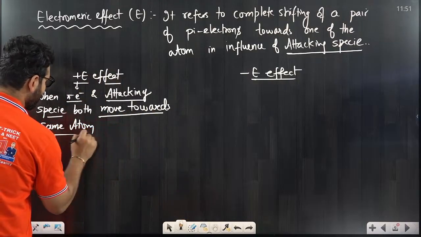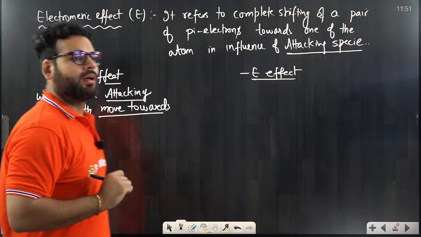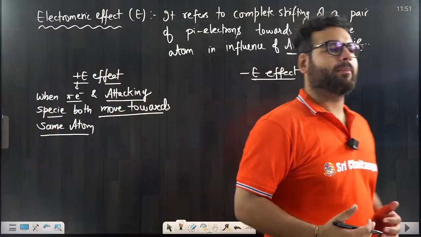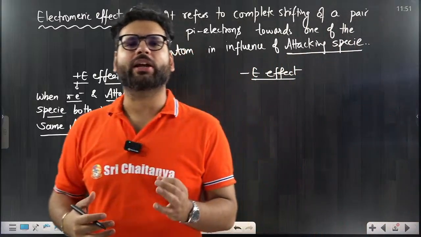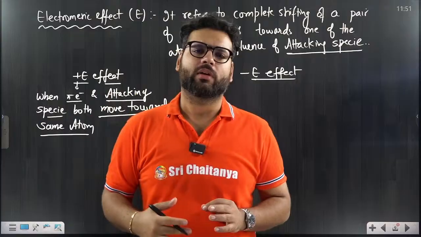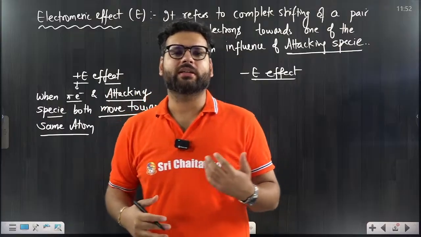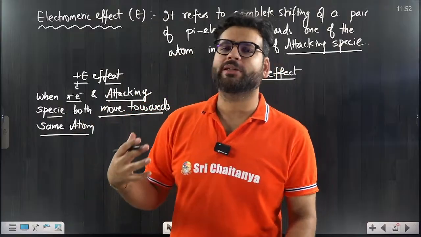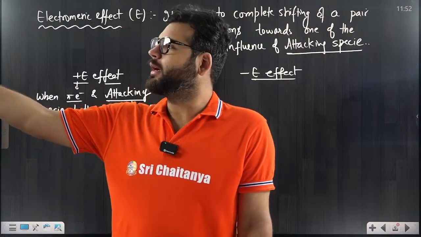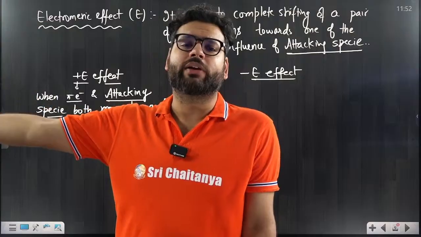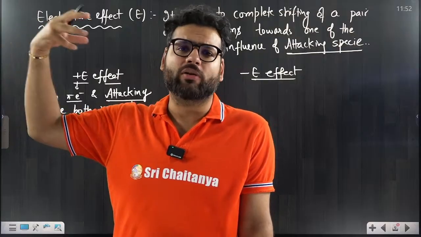See, when will this happen? This is only going to happen when the attacking species is electron deficient. Let's say towards me an electron lover is coming, an electrophile, which is electron deficient.